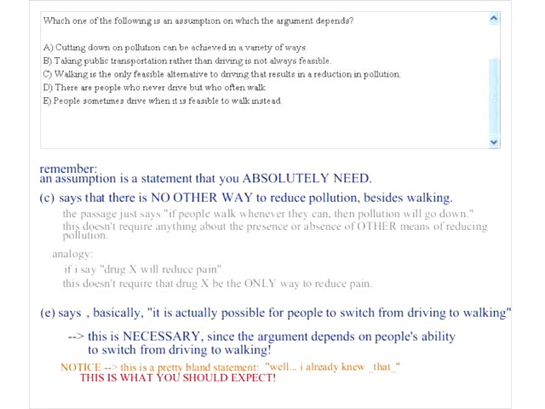All right. Assumptions are generally things that are taken for granted in the argument. So you should not expect them to be terribly interesting or controversial claims.